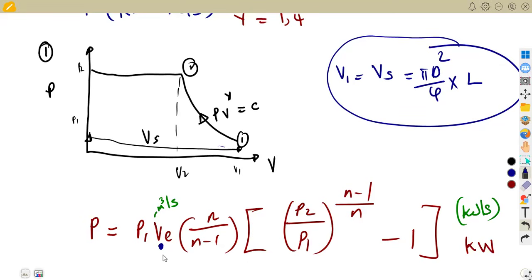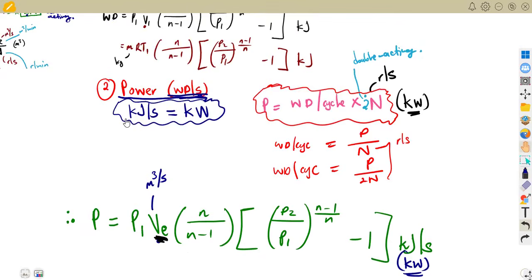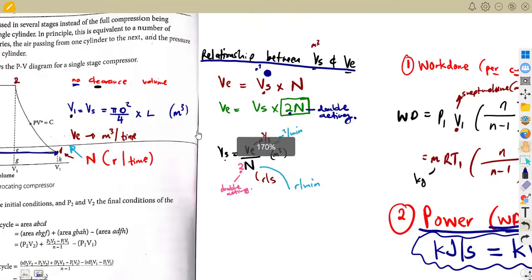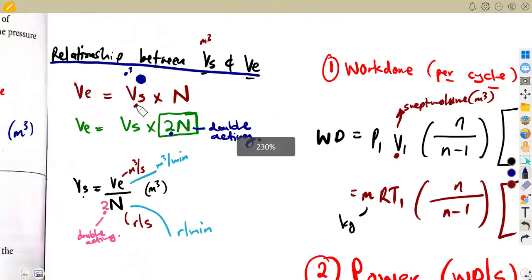But remember the relationship that we had here. VE can be calculated provided that we have VS, the swept volume. If the swept volume is there, VE can be calculated. Remember, that one is a single acting, so we use this one, and I said double acting when there's a 2.